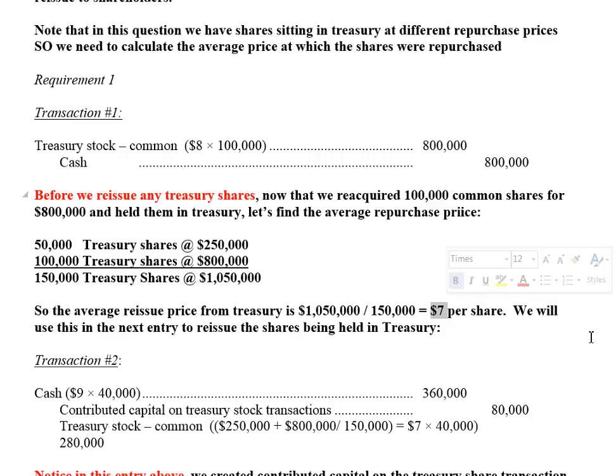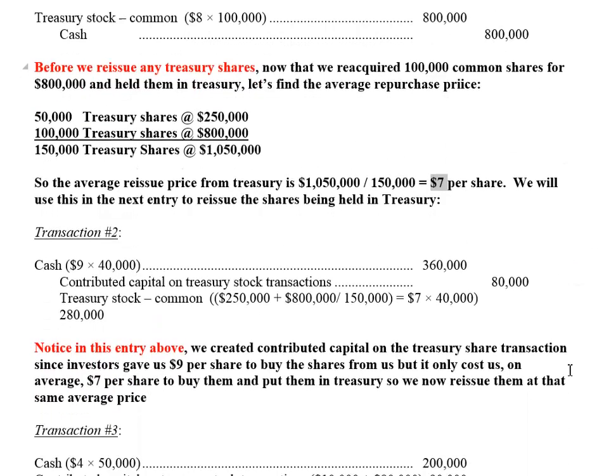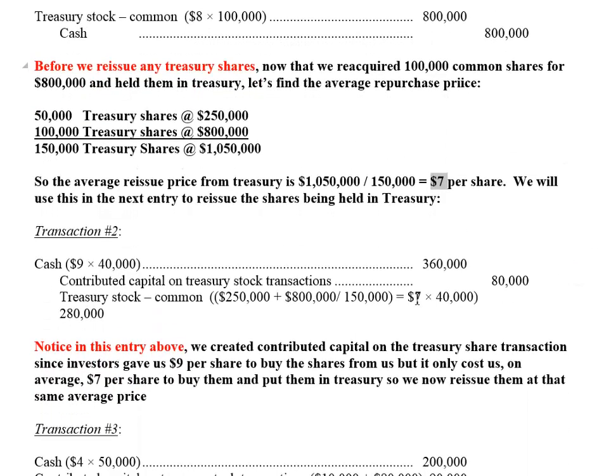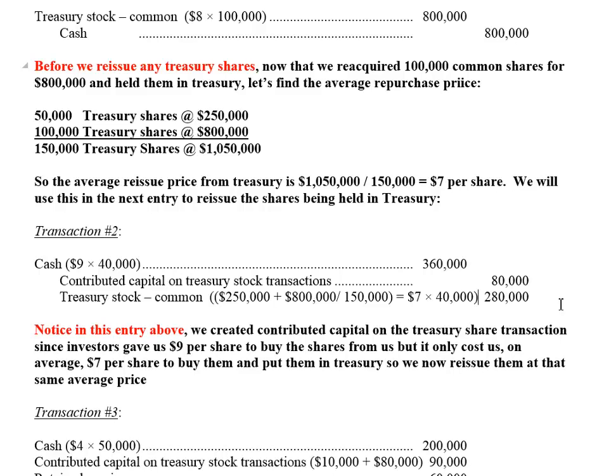So we are going to issue those Treasury shares out of our Treasury share account, crediting Treasury shares based on the average price that we paid to buy them back times the number of shares we're reissuing. That gives us $280,000.